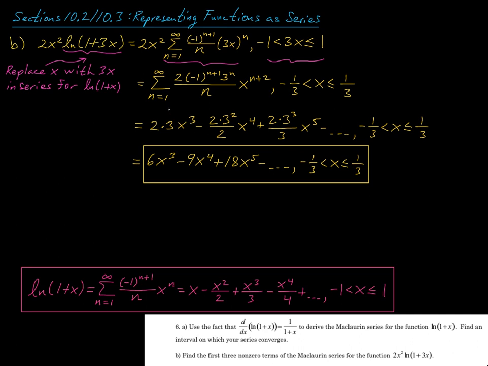When n is 3, we have 2 times -1 to the 4th, so that's a +1, times 3 cubed over 3, and then we have an x to the 5th. You see that right here, and this coefficient simplifies to an 18, so we get a plus 18x to the 5th, and so on and so forth. And so here are the first three non-zero terms of the Maclaurin series for this function.